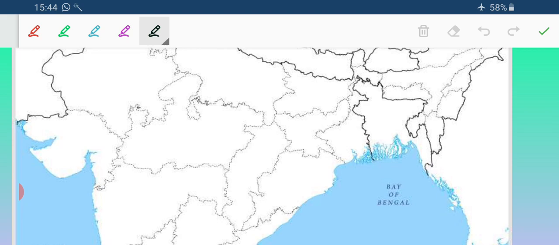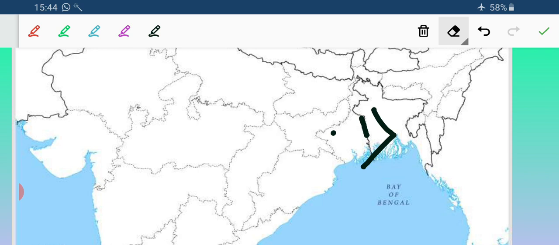Number 1 is Raniganj, that is number 1. Number 2 is Jharia in the state of Jharkhand, and just adjacent to that is plotting number 3, also in the state of Jharkhand.